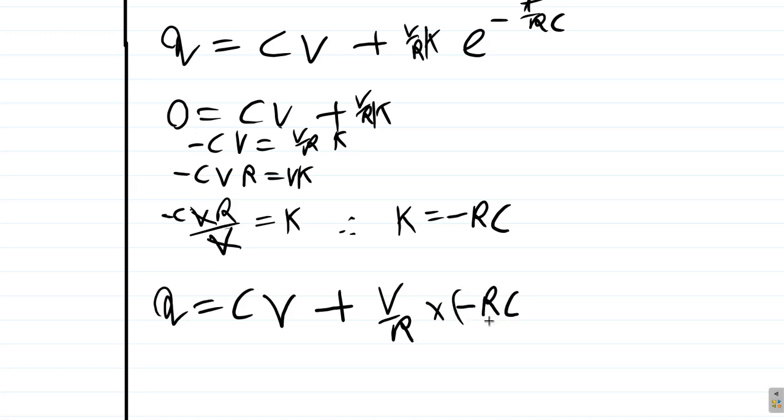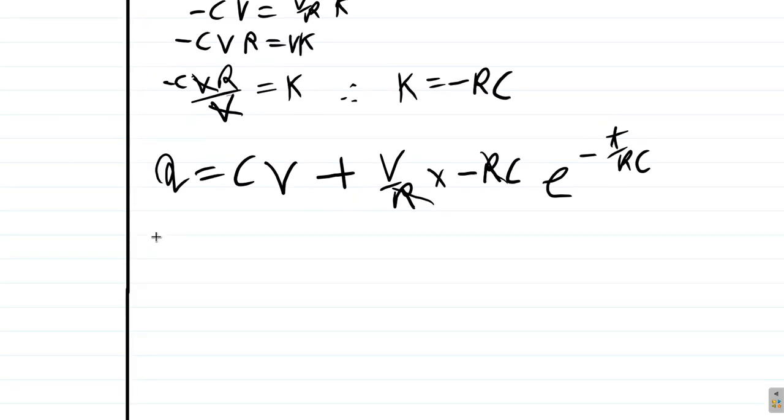So it's V over R multiplied by negative RC. Put the bracket. V over R multiplied by negative RC times e to the negative t over RC. Right. Oh, but guess what? R cancels R here. R would cancel R there.